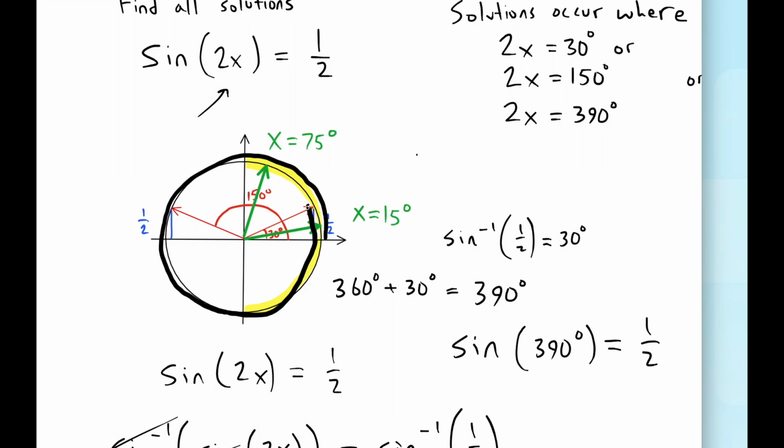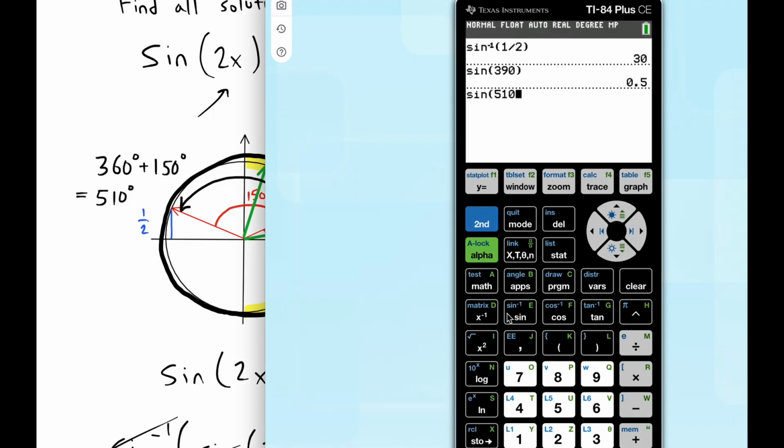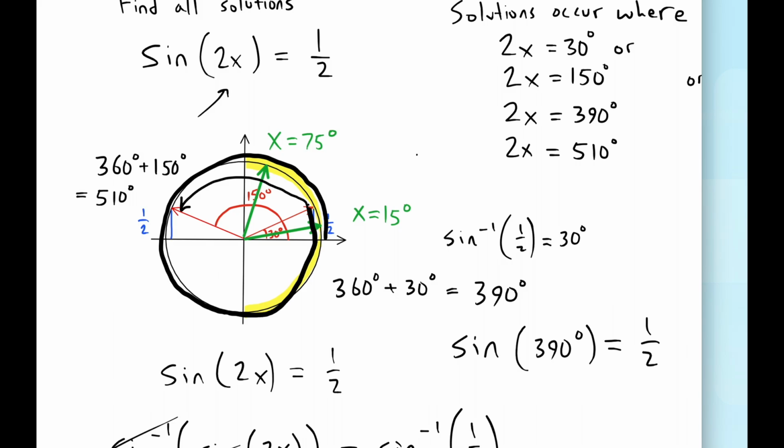If we keep going from there and go to this arrowhead, we would now be at an angle of 360 plus 150, which would be 510 degrees. So if 2x were to be equal to 510 degrees, that would also be a solution. This process could keep going.